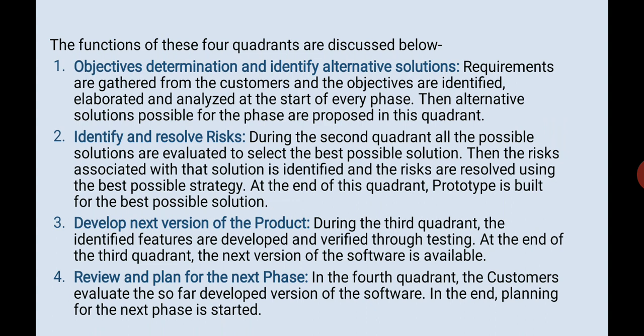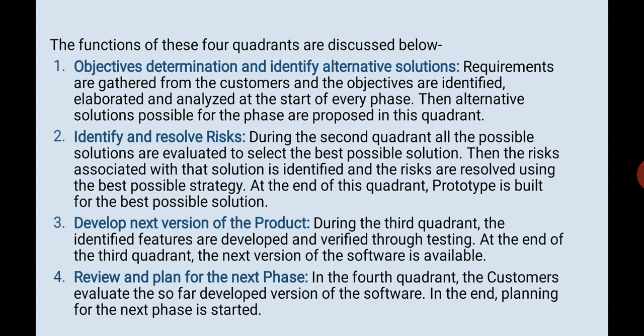Next is develop next version of the product. During the third quadrant, the identified features are developed and verified through testing. Now you identify the features, and you develop and verify them through testing. At the end of the third quadrant, the next version of the software is available.